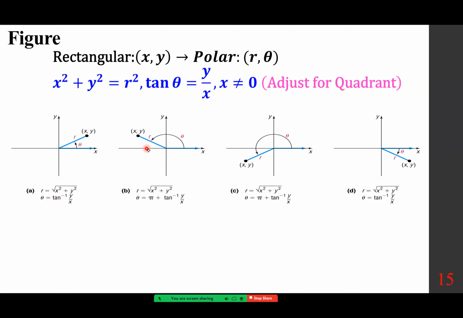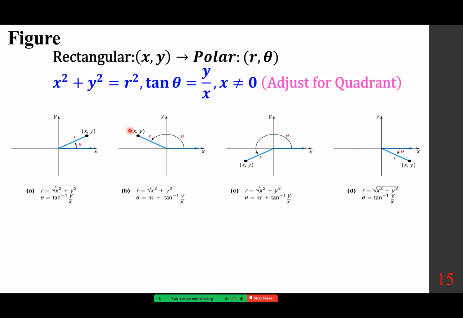However, if it's in the second quadrant, then you have to add a pi. If it's in the third quadrant, you have to add a pi as well. The third quadrant is very clear because it's positive, and it gives you the first quadrant, so you have to add pi.